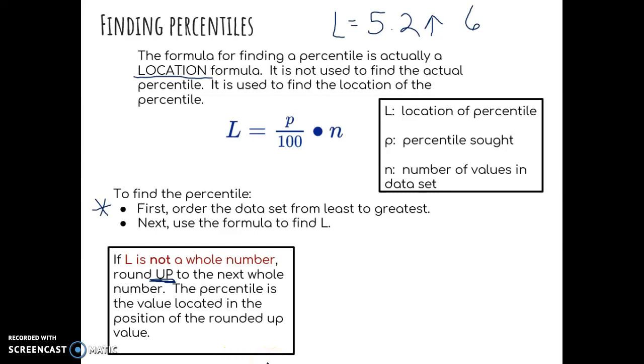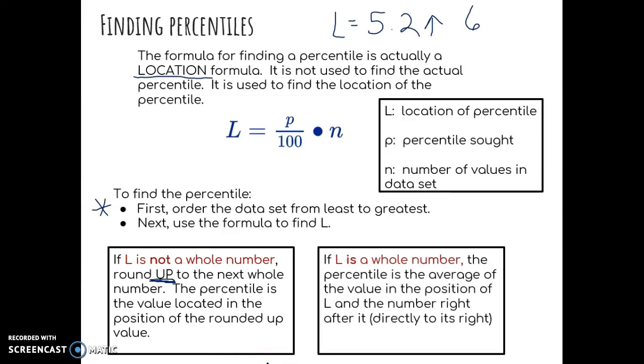Now the process is a little bit different if it is a whole number. Let's say we got L equals 8. Now we can't just say the location is 8, so it's the 8th number. That would be too easy. For this one, they want us to take the average of the value in this position and the number right after it.